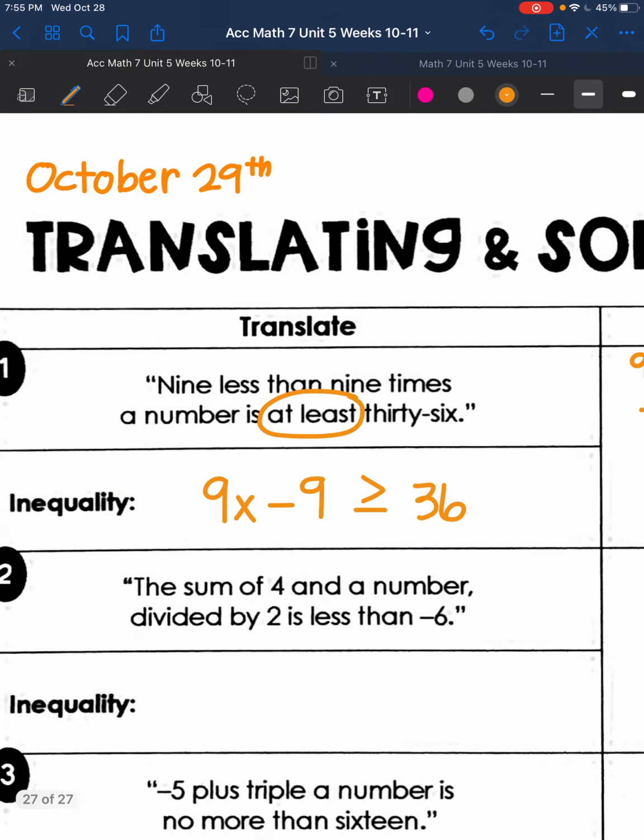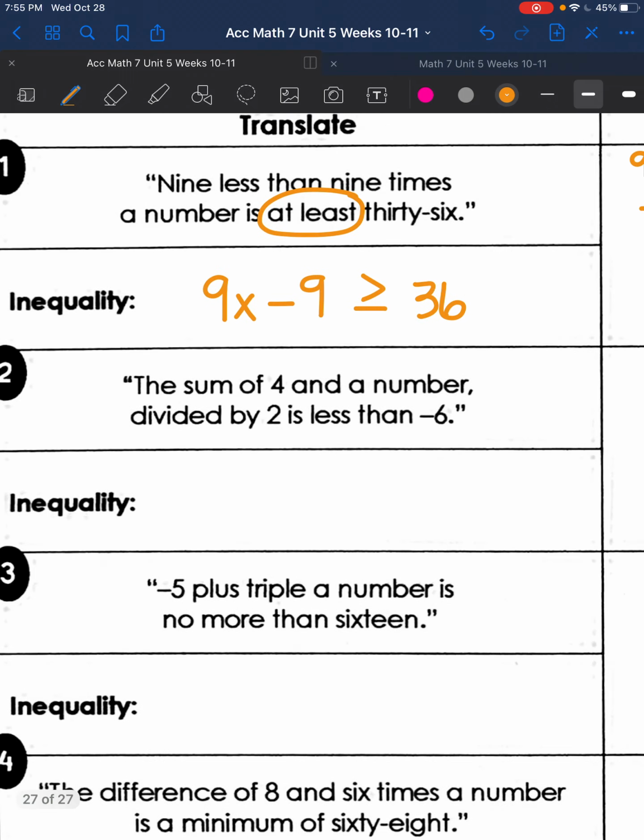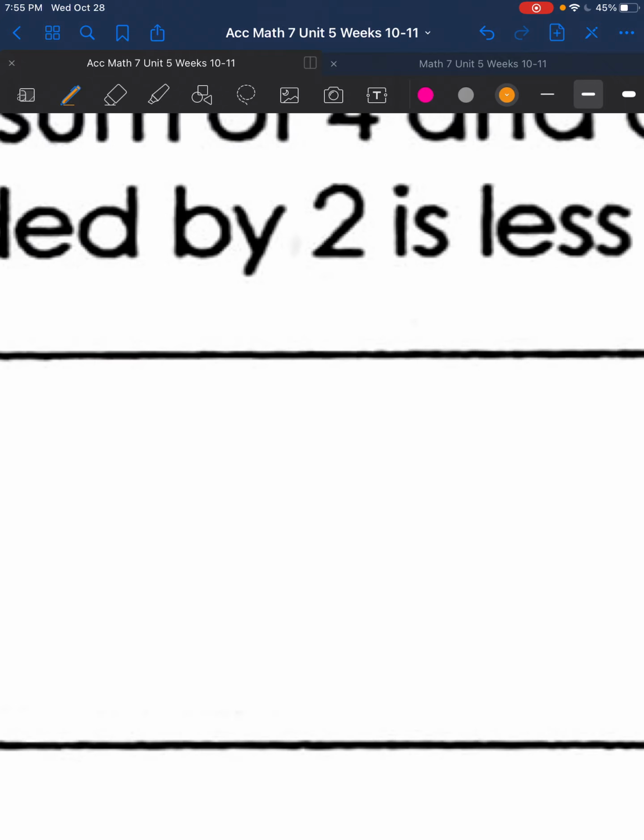Okay, let's look at number 2. The sum of 4 and a number divided by 2 is less than negative 6. So sum means I'm going to add together 4 plus a number, so 4 plus x.